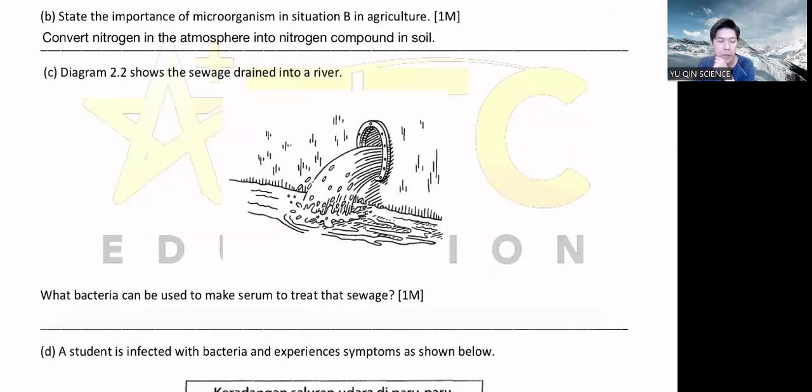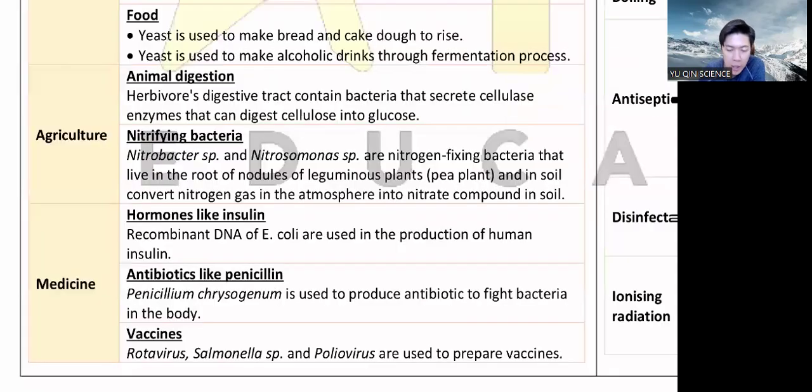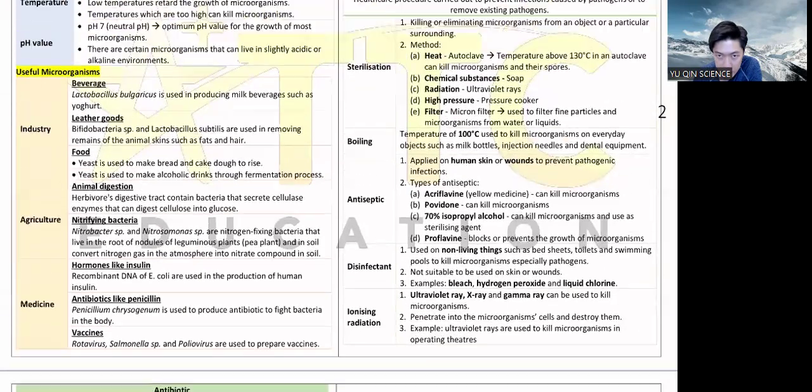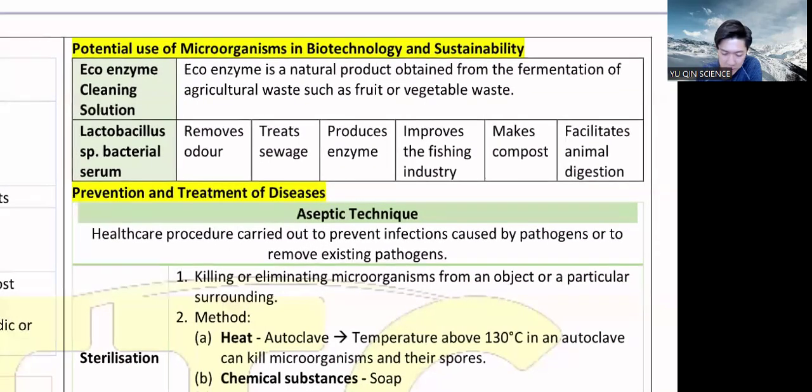Okay, so diagram 2.2 shows the sewage drain into river. Sewage, or the bangsai, the urine, those are called sewage. What bacteria can use to make serum to treat? Huh? Got such thing, man? Yes, it's here. Serum. Okay.